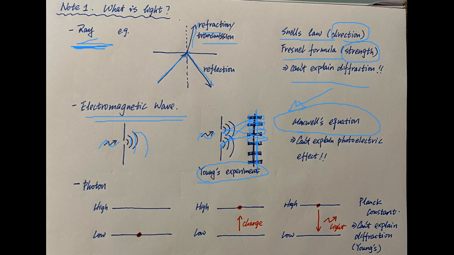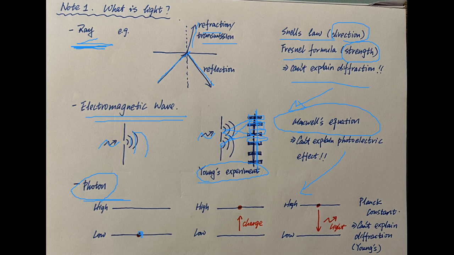But EM wave propagation also has limitations. It cannot explain the photoelectric effect. So we need the photon theory of light. So for the photon theory of light, for example, when we have an electron here, it is on a low energy state.